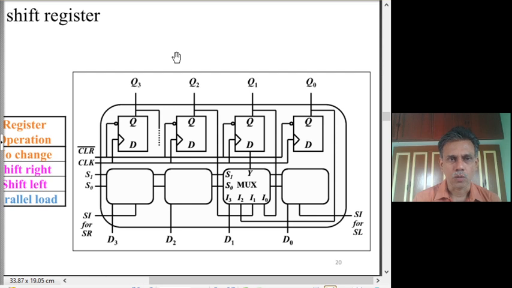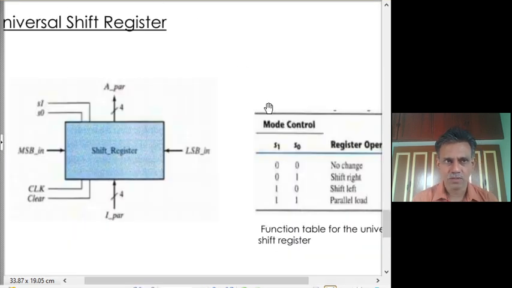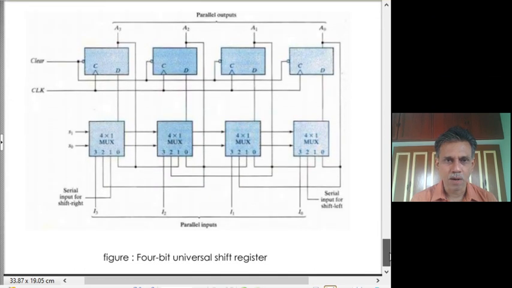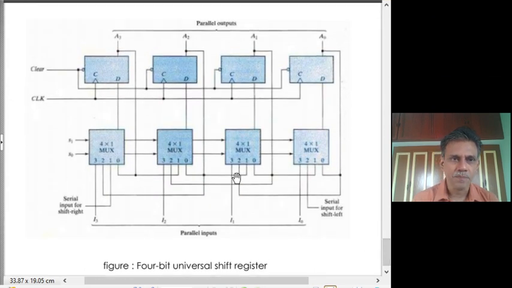So if you want a little detailed diagram of this universal shift register, this is the block diagram representation. This is the mode control truth table. The corresponding full diagram is shown here. This is the clear bar, this is the clock.